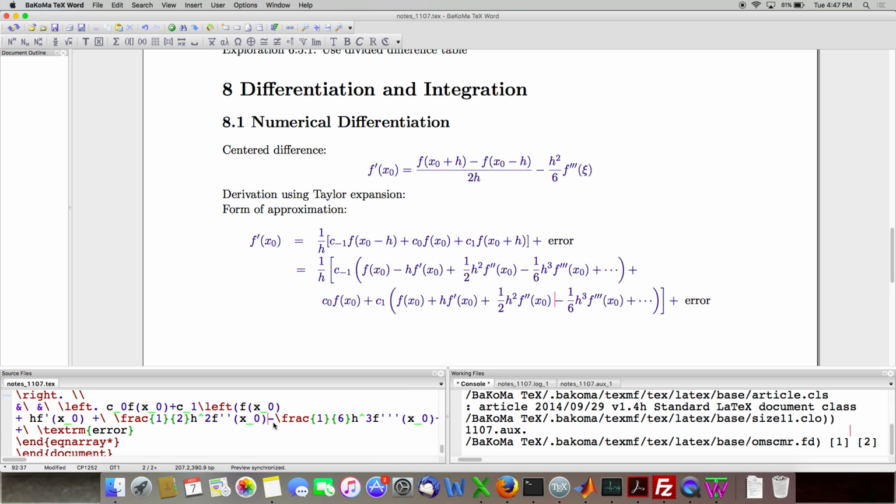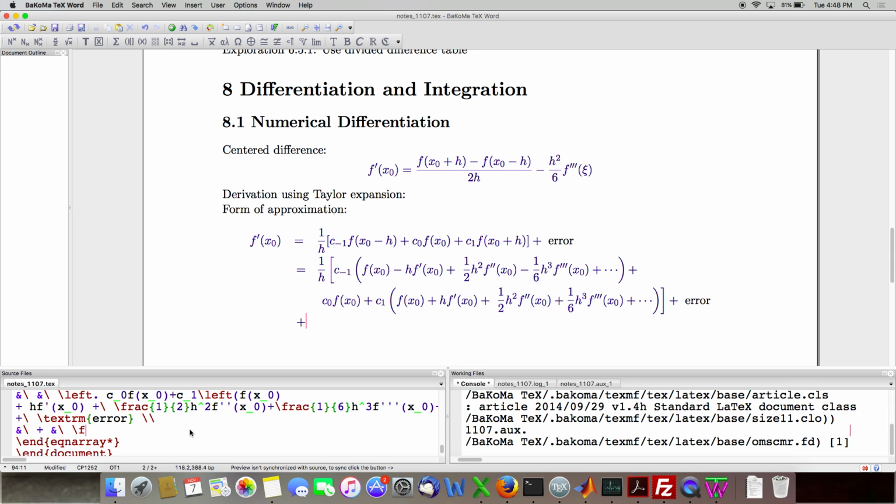So all I've done to go from first step to second step is replace f of x naught plus or minus h with their Taylor expansions. Now I'm going to collect terms. I'm going to group f of x naught terms together, f prime terms together, f double prime. Right now we're grouped by coefficient, which is not really helping me.